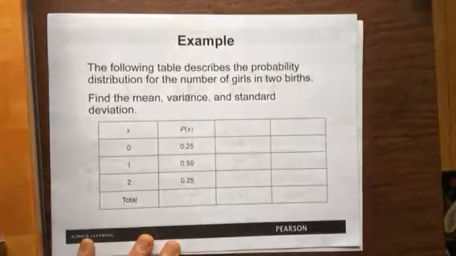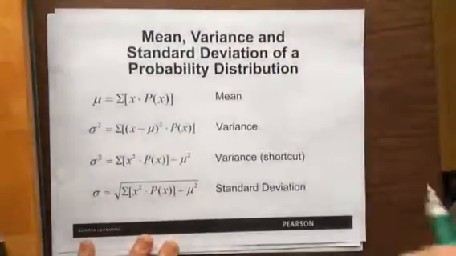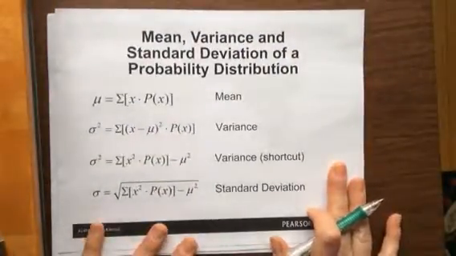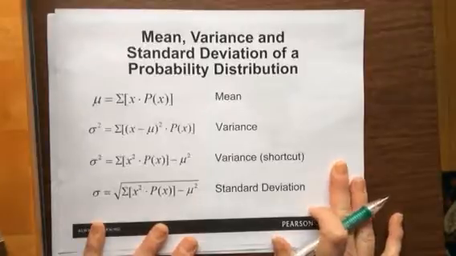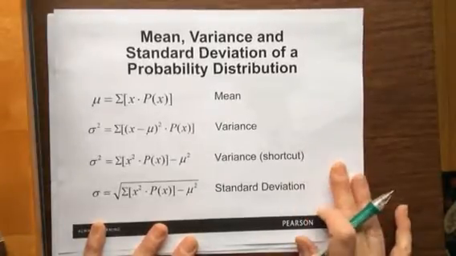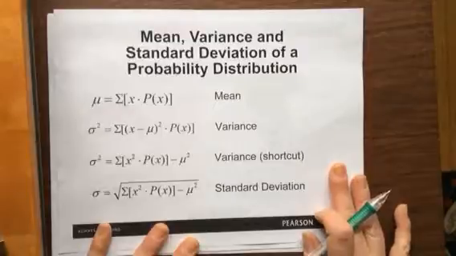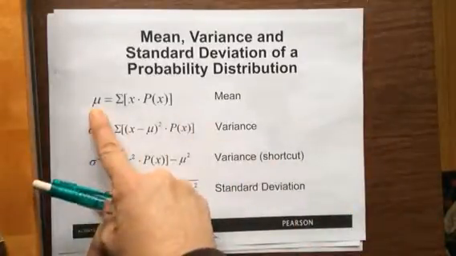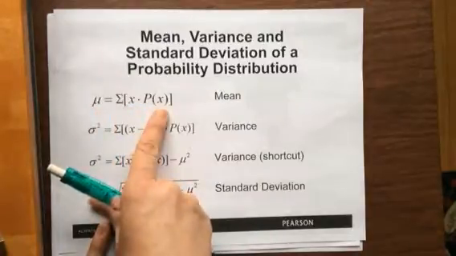Before we move to our example, there's some formulas we need to know. How do we figure out the mean and the variance and the standard deviation of our probability distribution? Well, the formula for our mean looks a lot like the weighted mean formula that we've used before.